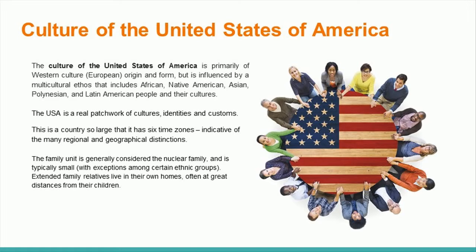This is a country so large that it has 6 time zones, indicative of the many regional and geographical distinctions. The family unit is generally considered the nuclear family and is typically small, with exceptions among certain ethnic groups. Extended family relatives live in their own homes, often at great distances from their children.